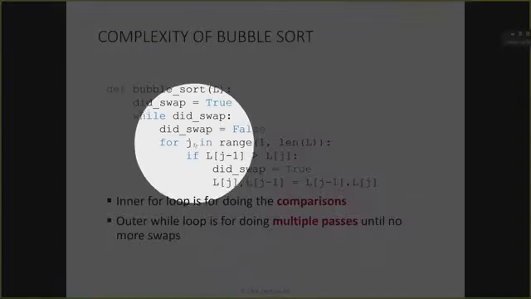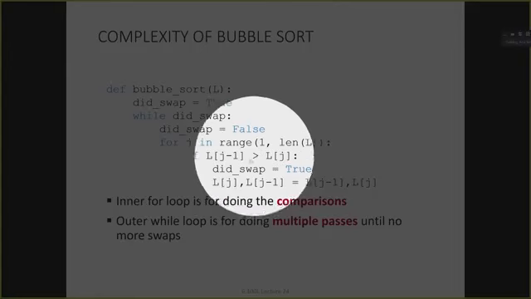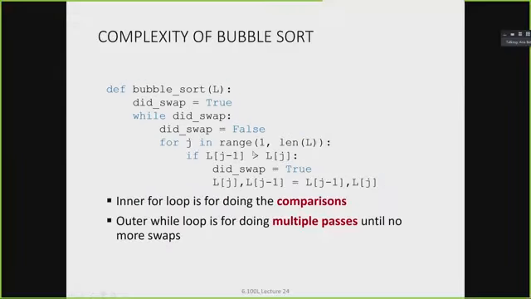So to do that, we've got a for loop that goes through from 1 all the way up to the end of the list, because I'm going to compare element at index i with i minus 1. If I started at 0, we'd get an index out of bounds error. So that's why I start with 1 over there. And then the inside of the for loop just checks if the element at j and j minus 1 are in the right order.